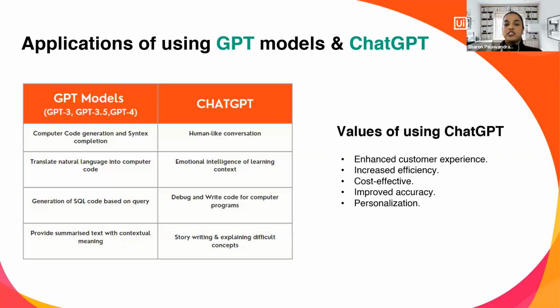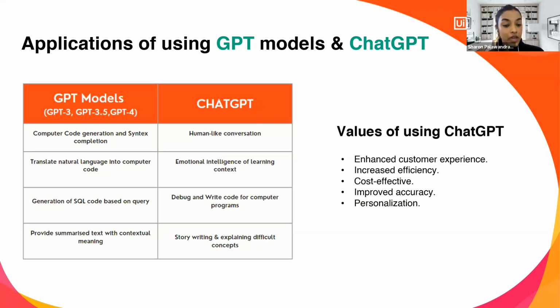But from a developer and organizational perspective, we can still drive value from ChatGPT and use it for operations such as improving customer experience and increased efficiency. It's also a very cost-effective product compared to the rest of the chatbot products offered in the industry.